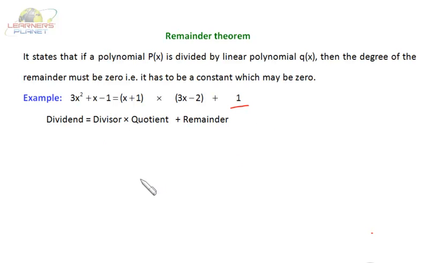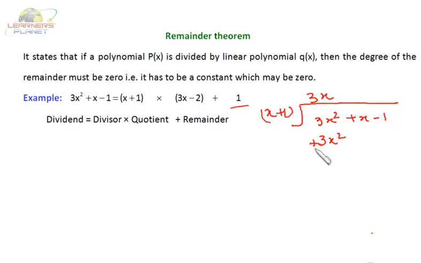Let's have a quick recap. I just divide this expression, 3x square plus x minus 1, by x plus 1. So it's 3x square, then I take 3x, so it's minus over here, minus 2x minus 1, so it's minus 2x minus 2.